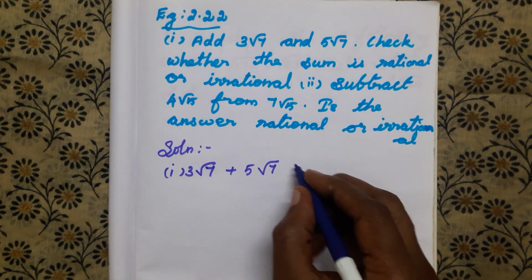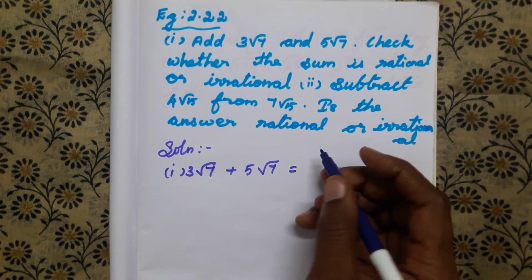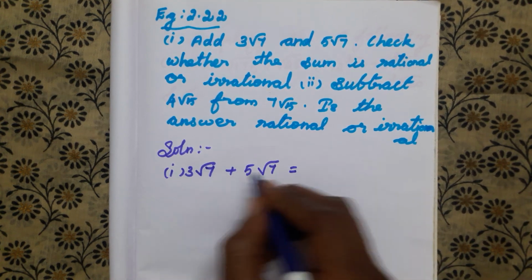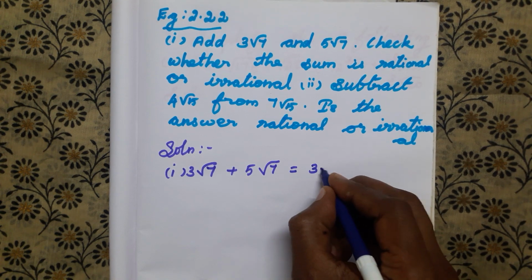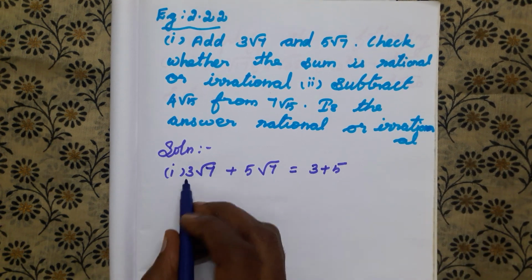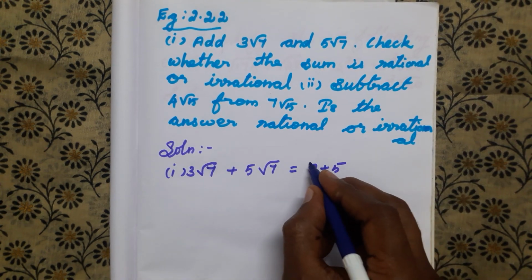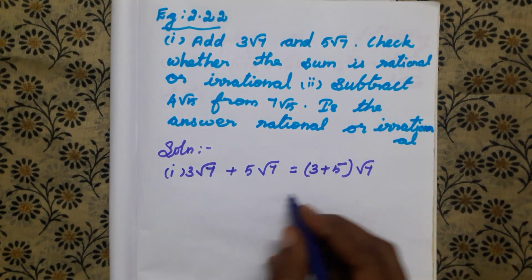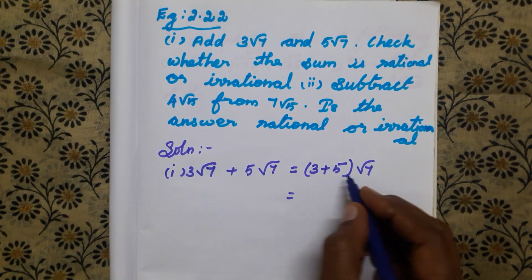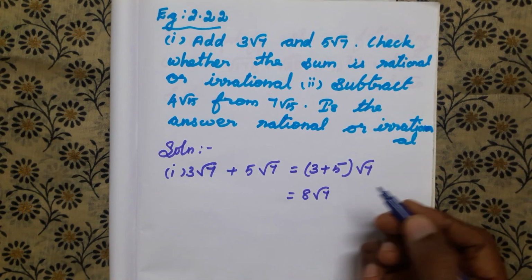These two numbers, how can we add this? In the previous class itself I have explained. How do we have to add? 3 plus 5, the coefficients, times root 7. 3 plus 5 is equal to 8 root 7.